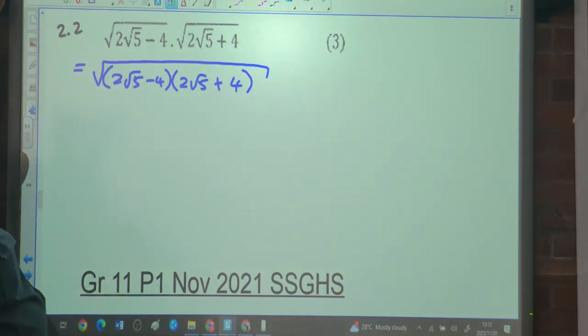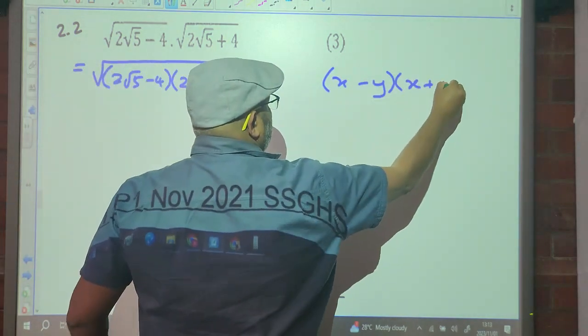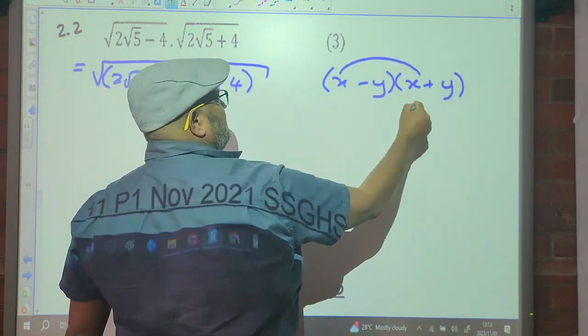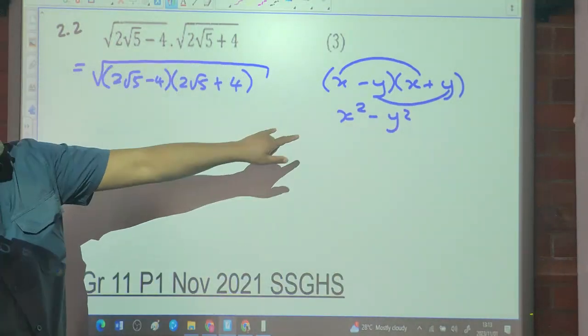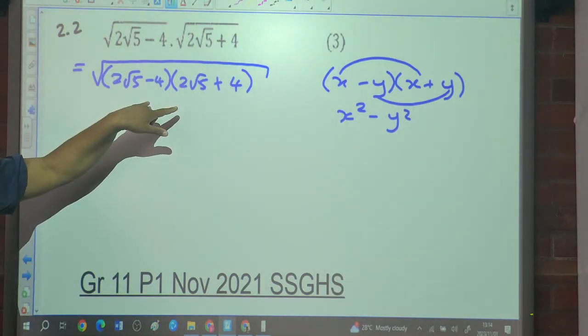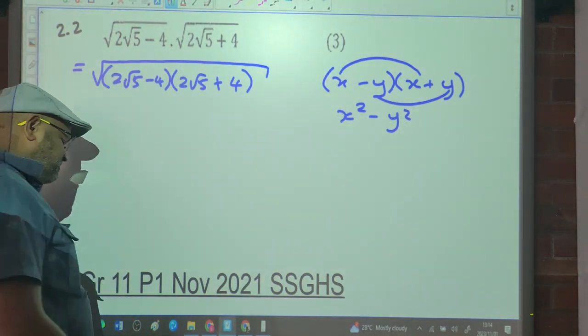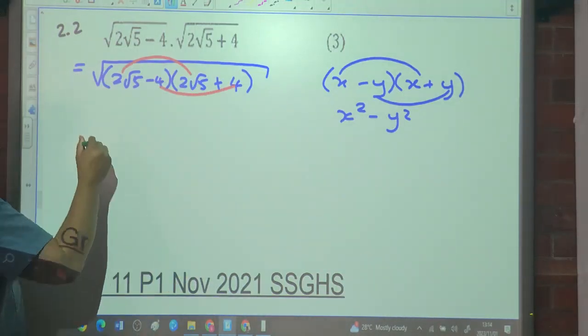So what can I do here? You all see this here. It's x minus y and x plus y. What do we do if that is the sum? Multiply the first and the last, which is x squared minus y squared. Not so? You should be seeing that here as well. You all see it? Yes, sir. Oh, I thought you had not seen it. You multiply out.